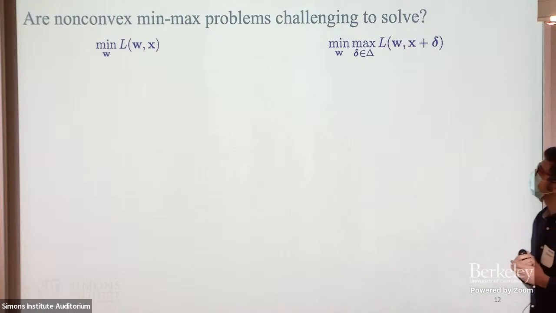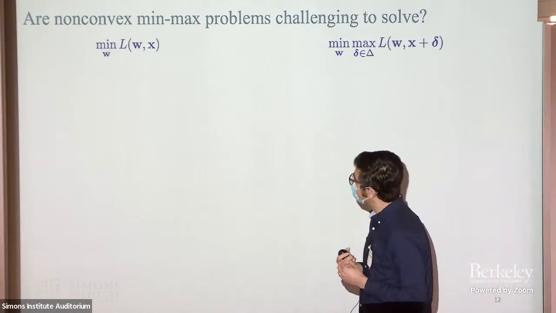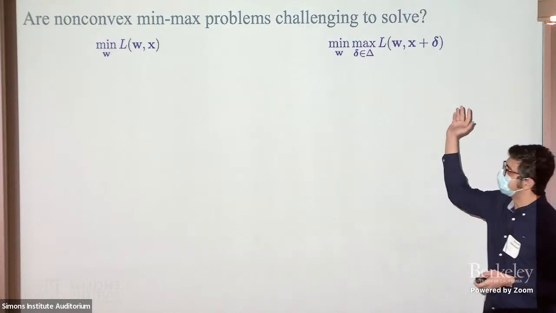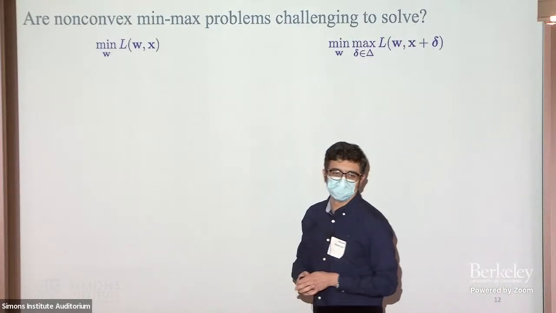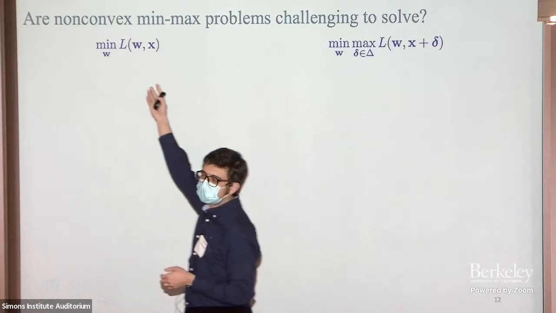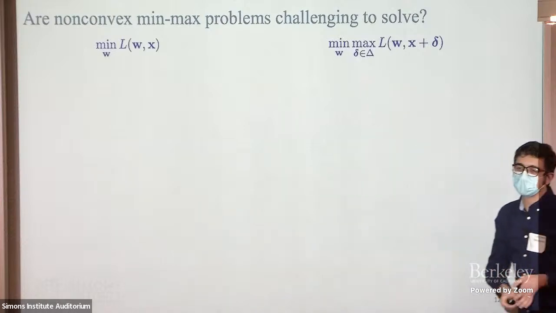So our non-convex min-max problem is challenging to solve. To understand it, I'm going to compare and contrast it, putting it side by side with regular minimization. For example, I want to train a regular network, and I want to train a robust one.